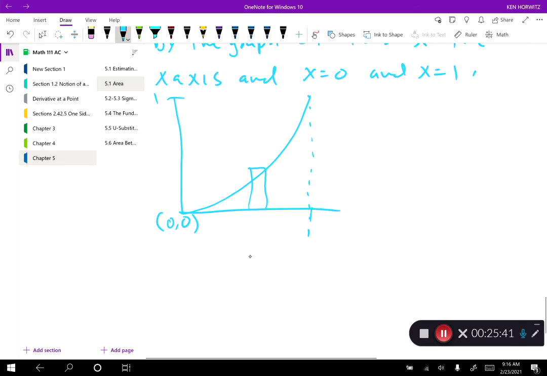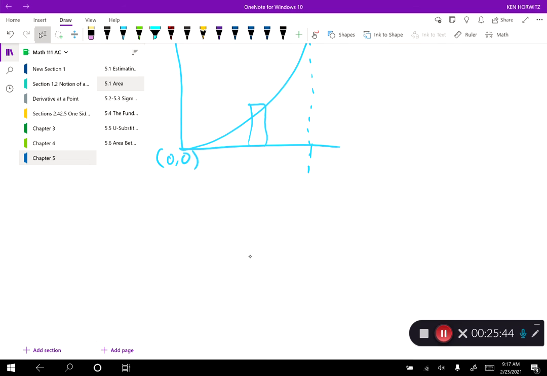The best would be to take my rectangles out to infinity. We can't count to infinity, but we can take the limit as n approaches infinity, and I can sum i equals 1 to n. And my width is going to be 1 over n.